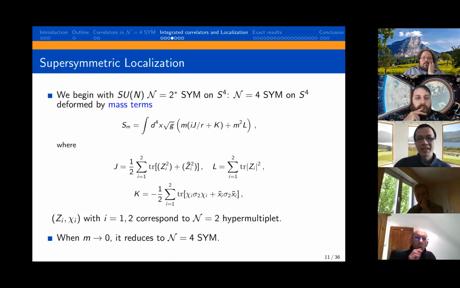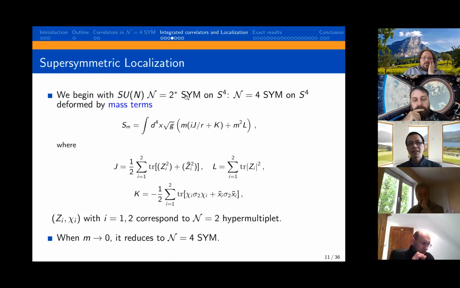So let me remind you again. We want to compute the correlation function in N=4 super Yang-Mills on flat R4. But nevertheless, let me begin with N=2* on S4. The proper detail is not so important.